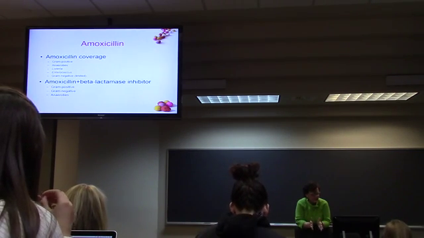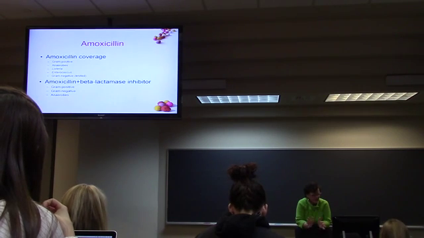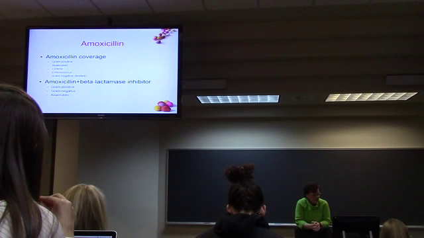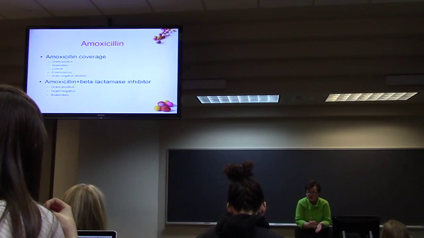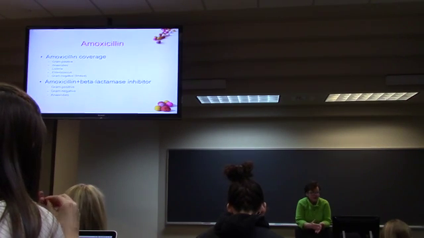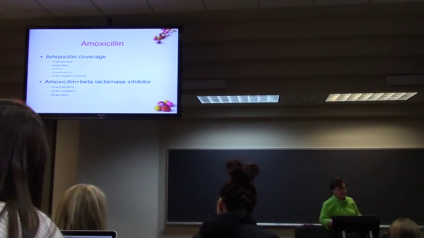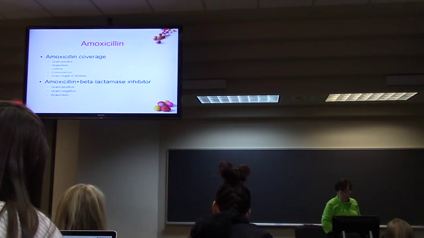Some anaerobe coverage, some Listeria, Enterococcus, gram-negative limited. When we put the beta-lactamase inhibitor on, then we get even broader coverage. So all those bacteria that can produce beta-lactamases, we can now use them and the organism can't destroy them.